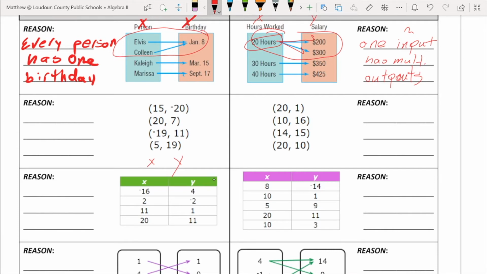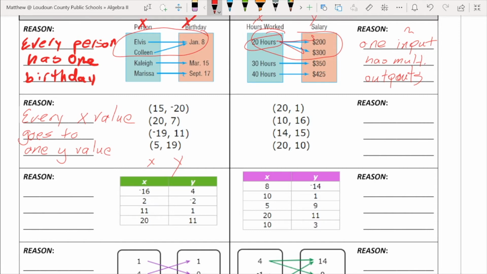Are any of these the same? If any of these are the same and they have a different output, then you know it's not. But every x value here goes to exactly one y value. So this is a function.